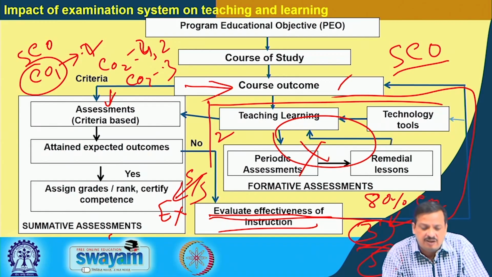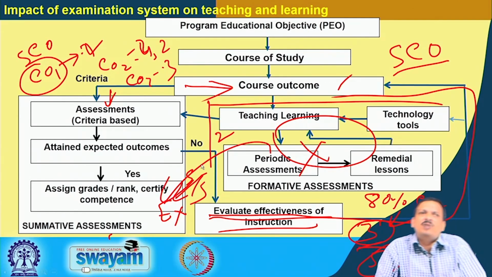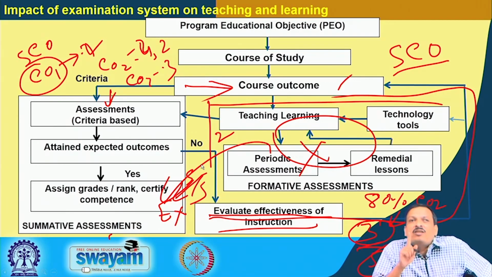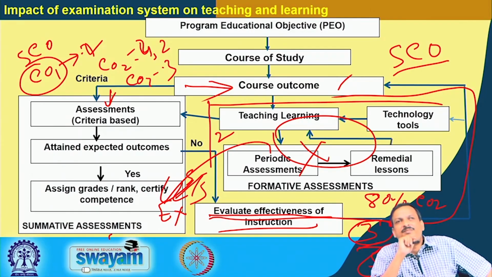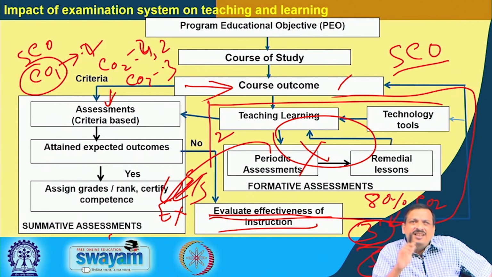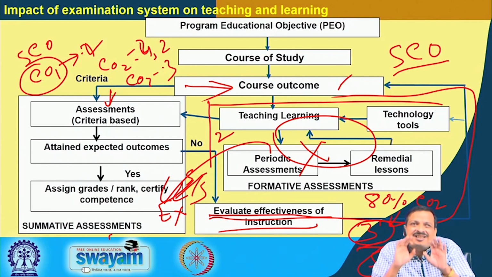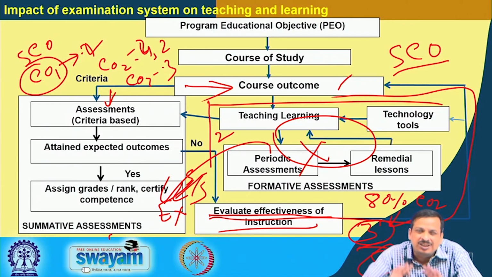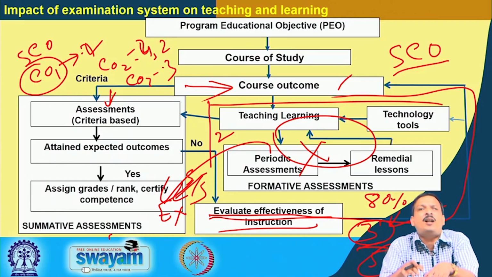And the class test cannot be part of the evaluation system if it consists of remedial lessons. Okay? So, this is the total assessment and evaluation procedure which is an integrated part of outcome based learning.